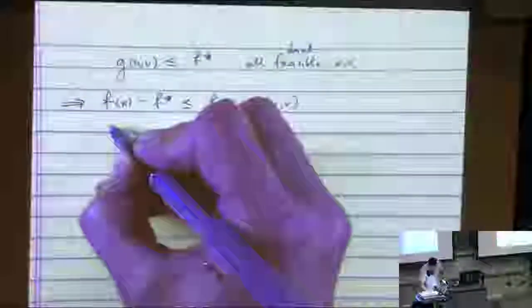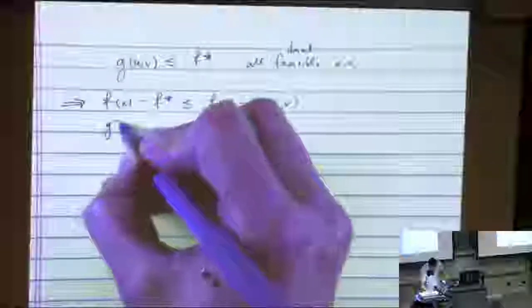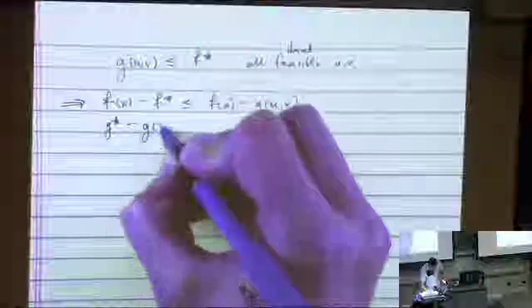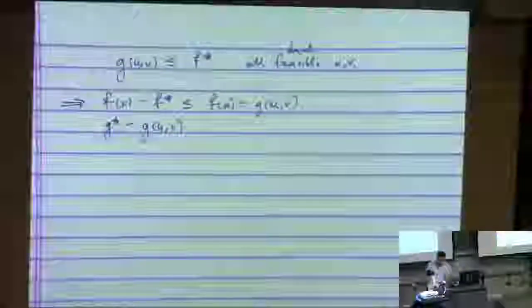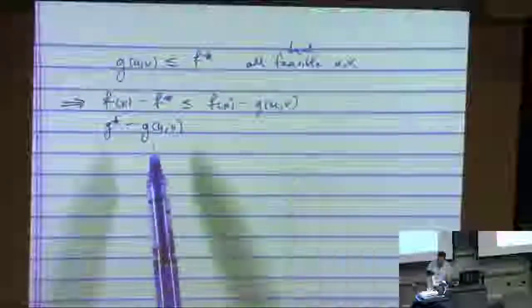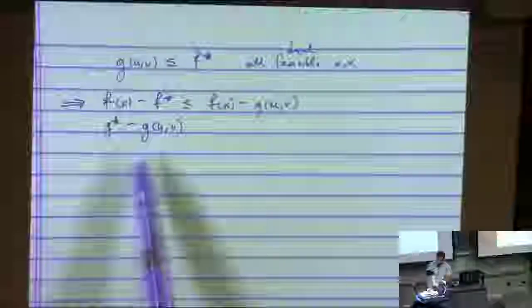And similarly, if I look at, let's say, g star minus g of u, v. So remember, the dual problem is a maximization problem. So if I look at the suboptimality in the dual, this is also upper bounded by the duality gap.